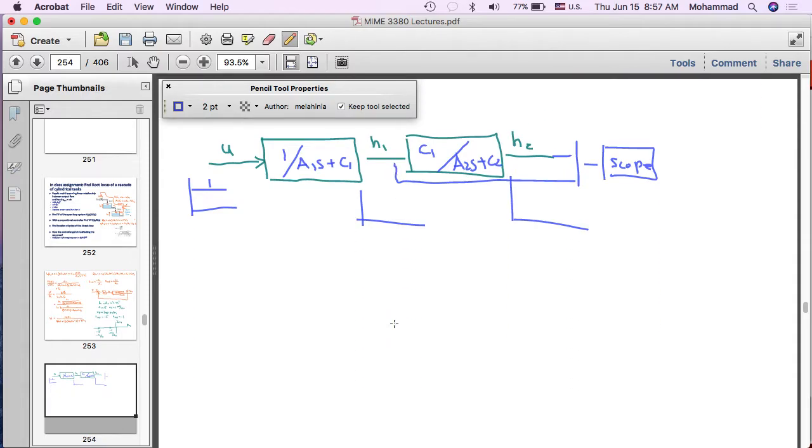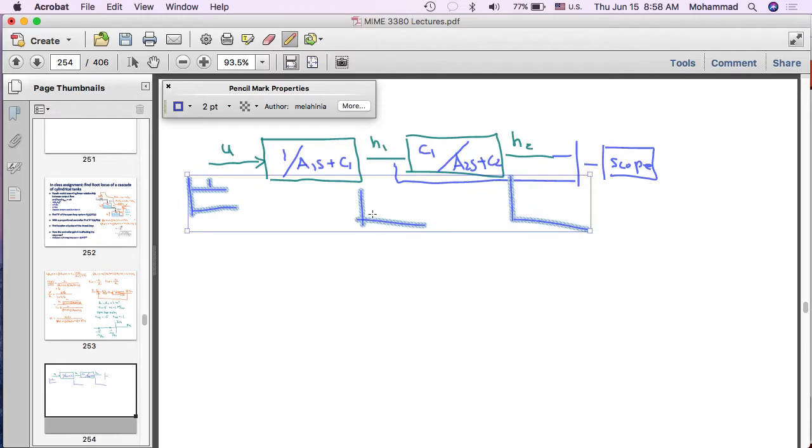For people who are watching the video, if you look at the plot, with the numbers that we assumed, the simulation shows that this goes up to 0.2. The steady state is 1/5 or 0.2.